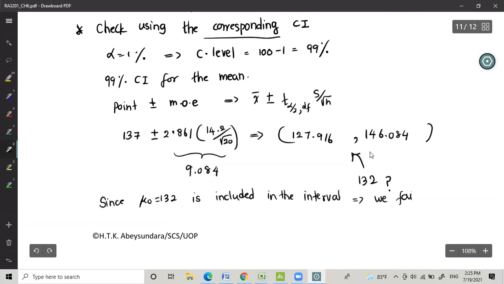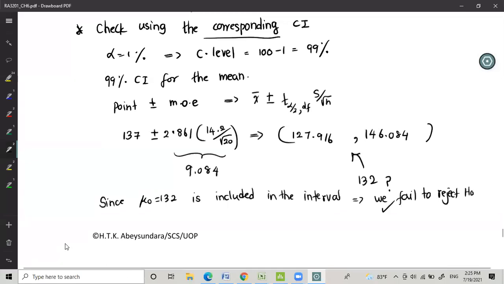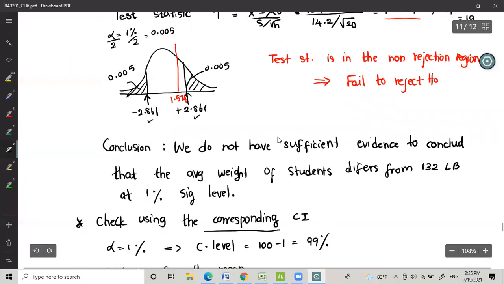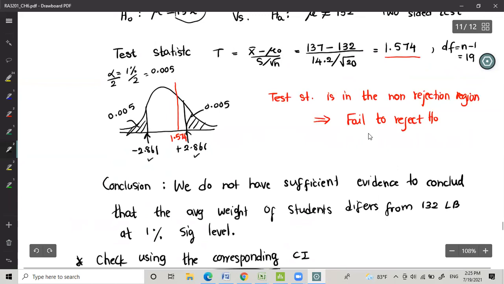We can't say it is no. Right? We fail to reject it. So you got the same conclusion. From the two-sided hypothesis test also, you fail to reject H naught.